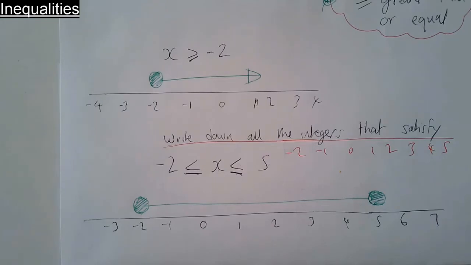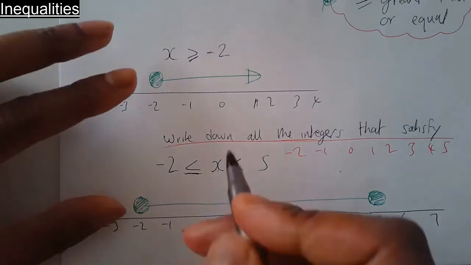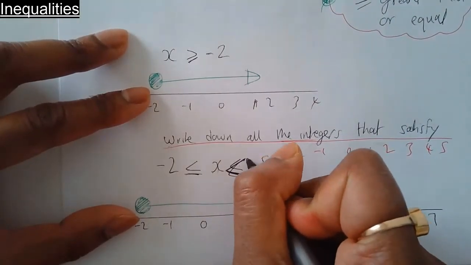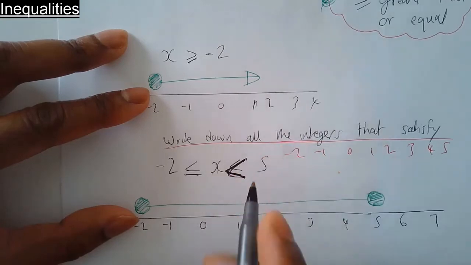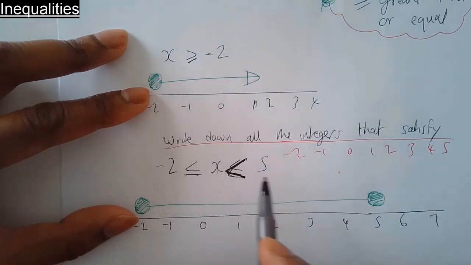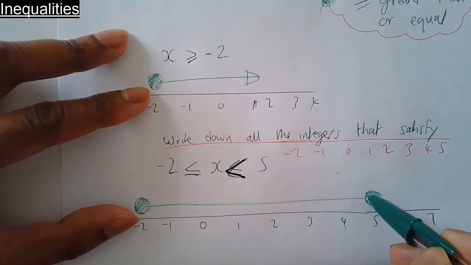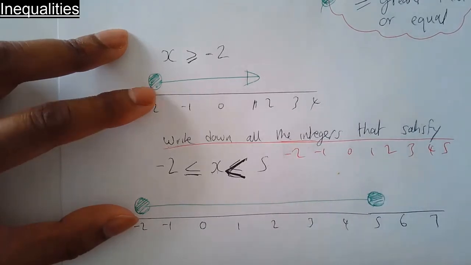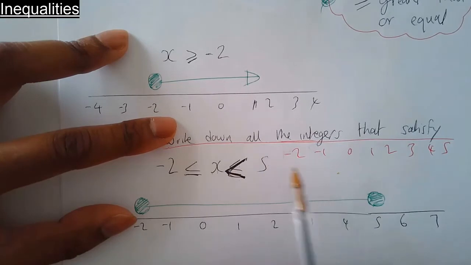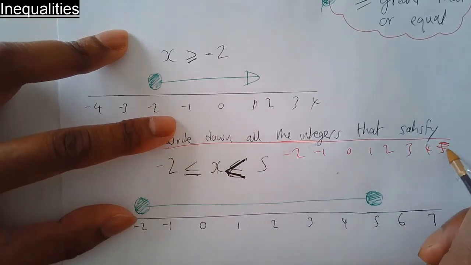But let's say this symbol happened to be just that there, without the equal symbol. And obviously that there would be hollow. x being less than 5, that means you wouldn't have 5. You wouldn't include that.